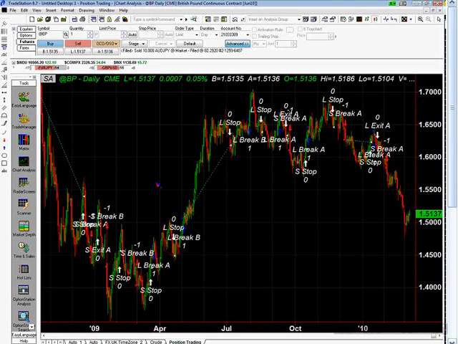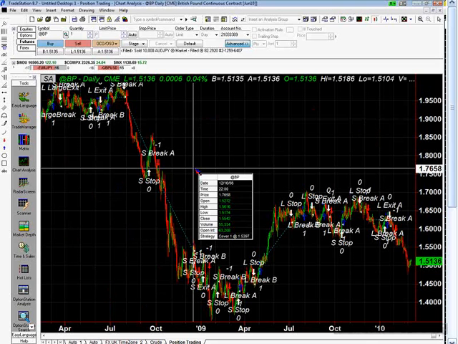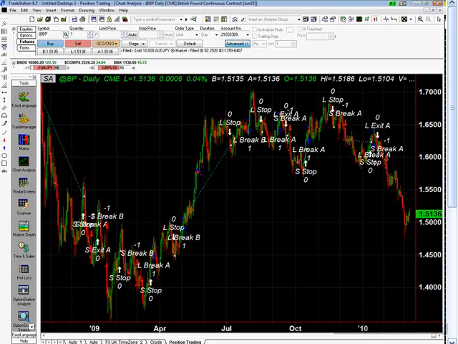Every blue line that you see here is a winning trade. So it started last year shorting the pound at 194.29, and it covered the trade at 153. You had 4,000 pips on that trade, and it stayed 6 months in this trade until December.